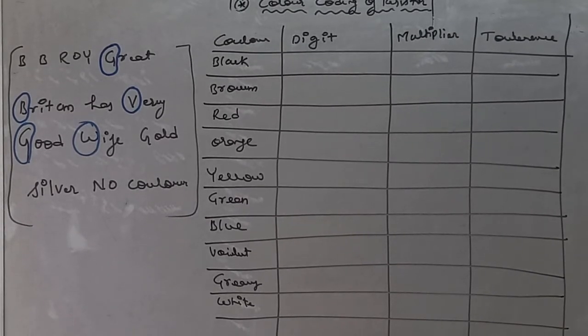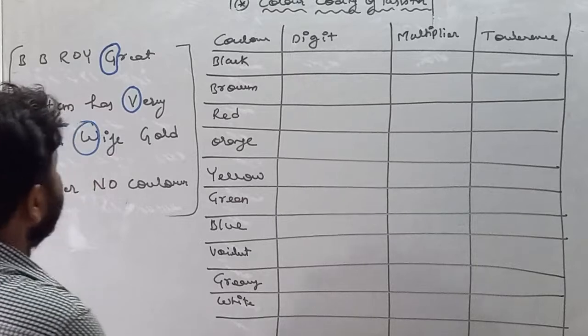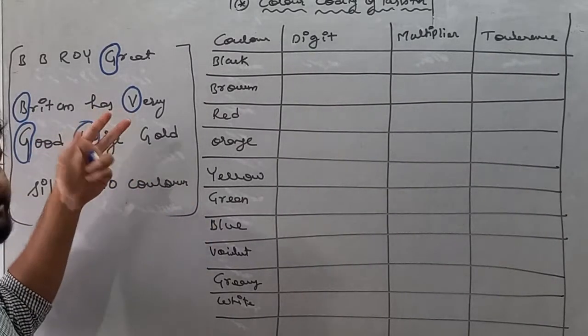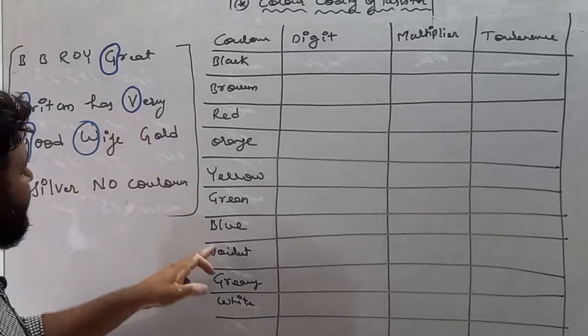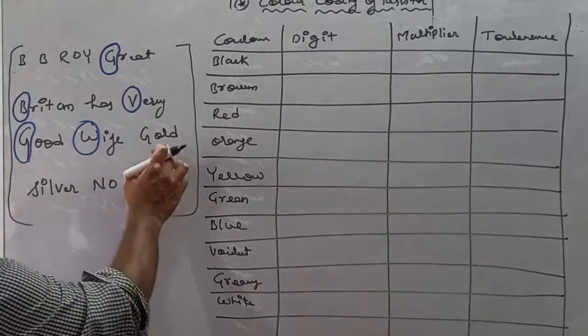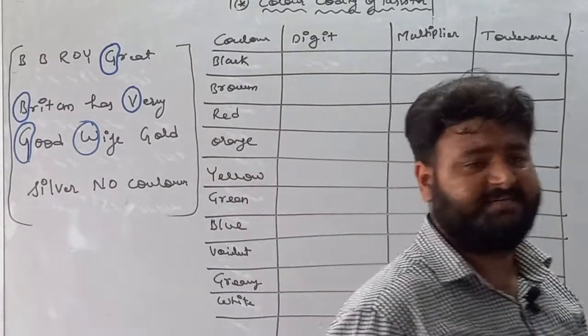So first B is black, second B is brown, R for red, O for orange, Y for yellow, G for green, B for blue, Has has no capital word, V for violet, G for grey and W for white. Then after that, gold, silver and no color, you have to learn it as it is.